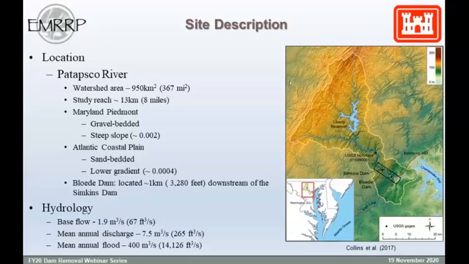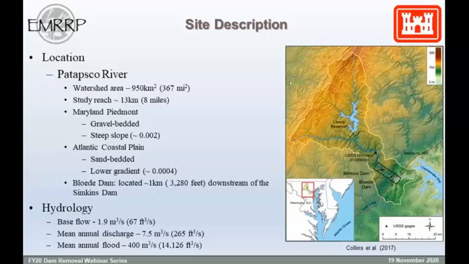The reach is located within two different regions that are geologically different. Most of our study reach is located within the Maryland Piedmont, which has gravel-bedded characteristics. It has steep slopes, and some sections of that part of the reach are fairly narrow.